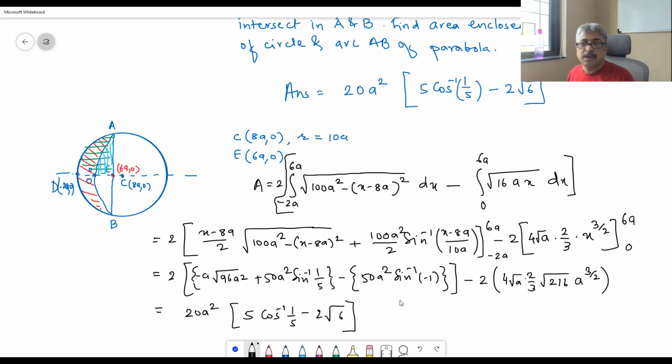That is our answer. Now, there is nothing difficult except it is long and it has some bad terms for integration.